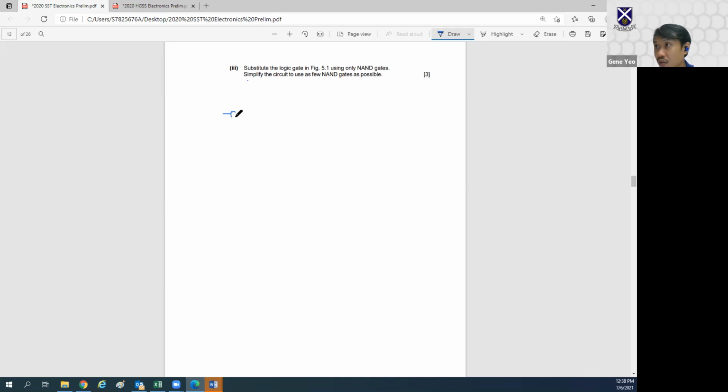So a NOT is simply this, and this was from A, I believe. This was from A. And then this goes into the OR gate, right? So the OR gate looks like this.